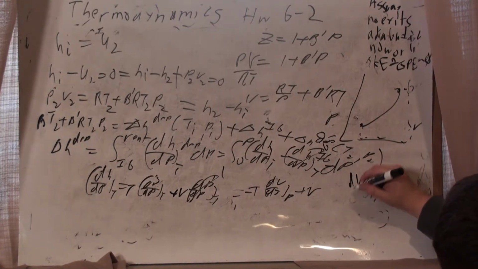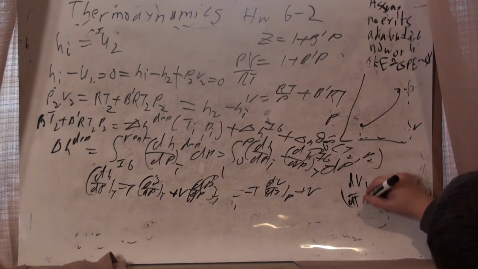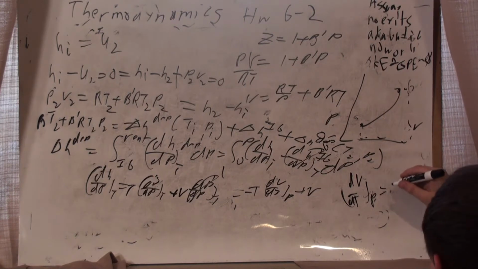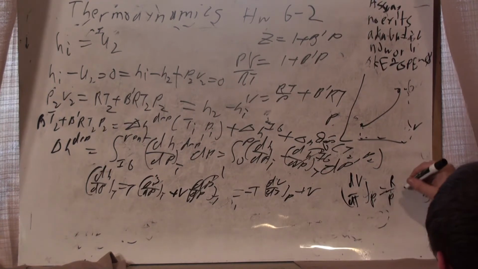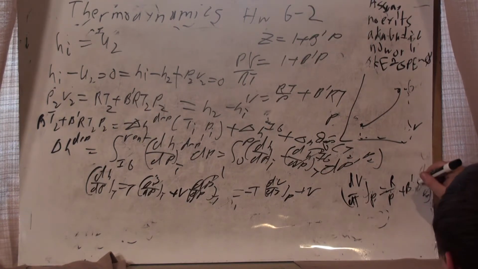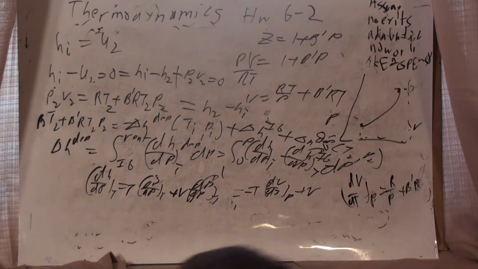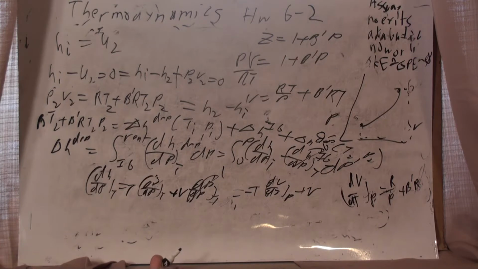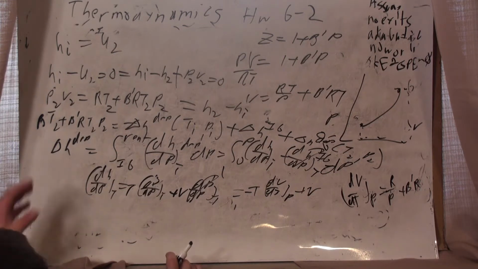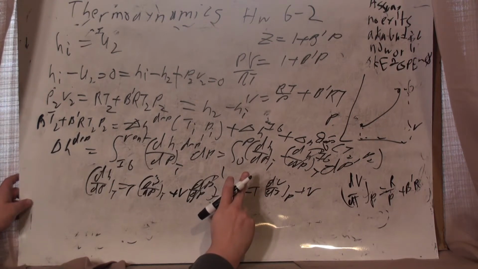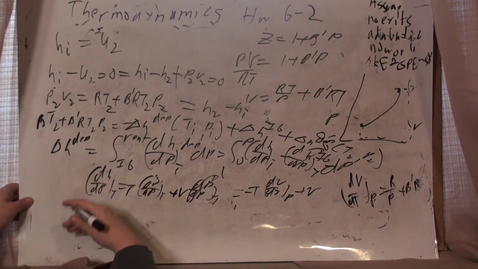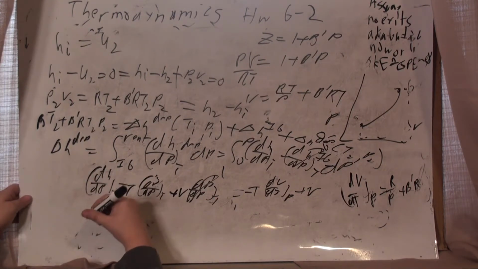So dV/dT at constant P is equal to R over P plus B prime R. So we plug it back into our departure function.